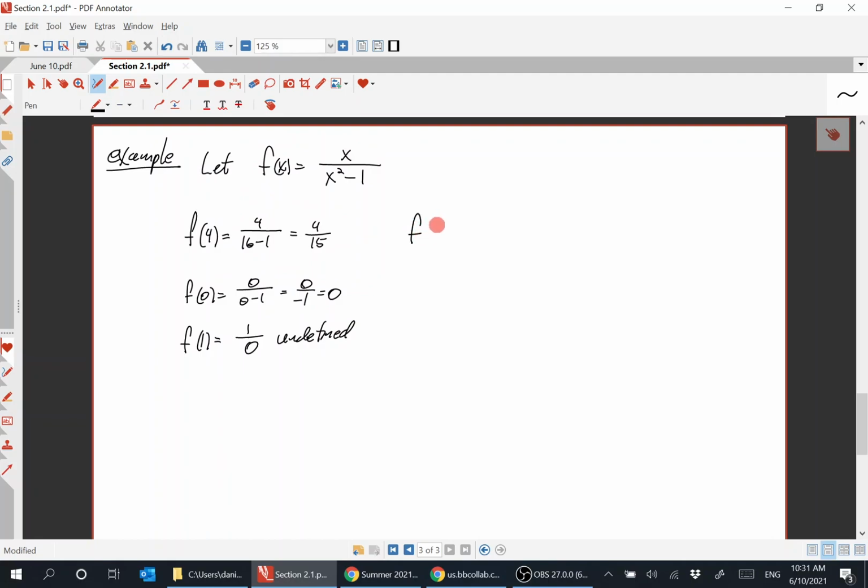What is f of t plus 1? Or let's not use the 1. f of t plus 2. That's t plus 2 over t plus 2 squared minus 1.